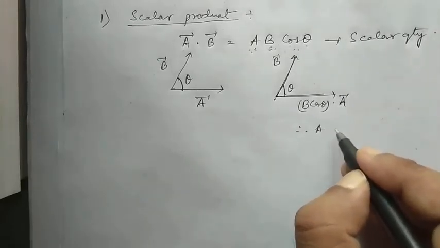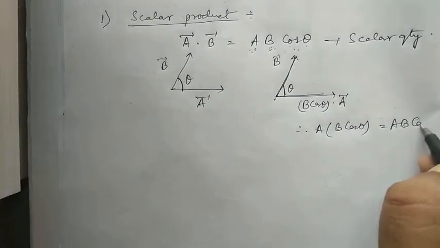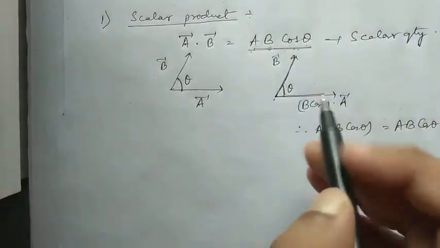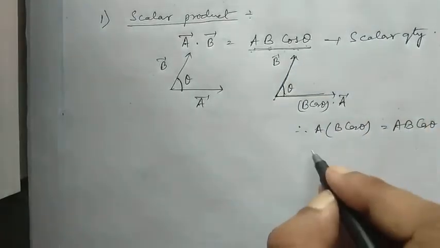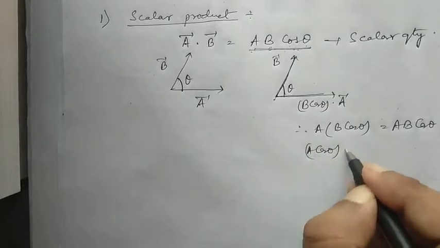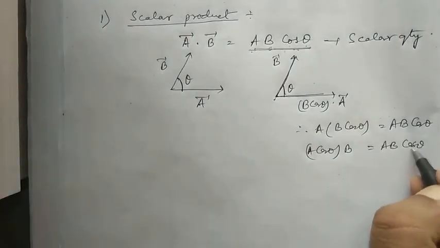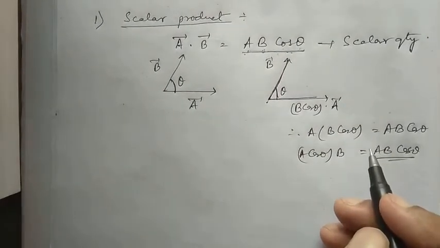Therefore, multiplying by A results in AB cos theta. Similarly, the component of A which lies on B is A cos theta, that means A cos theta into B, which is also AB cos theta. So this is also known as the component or the projection.